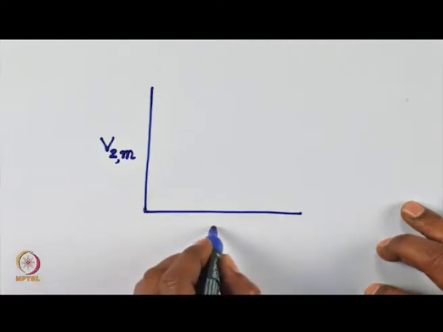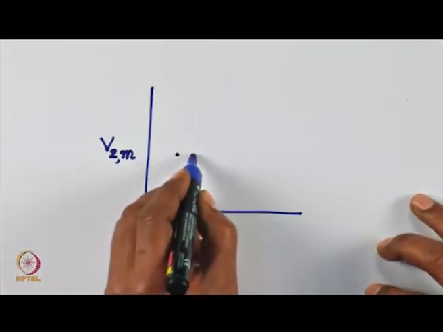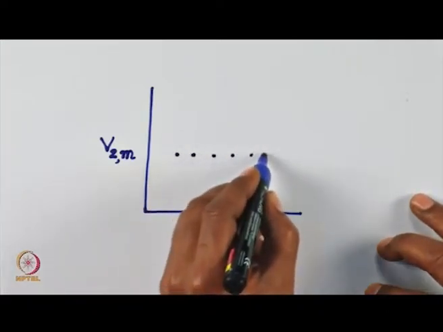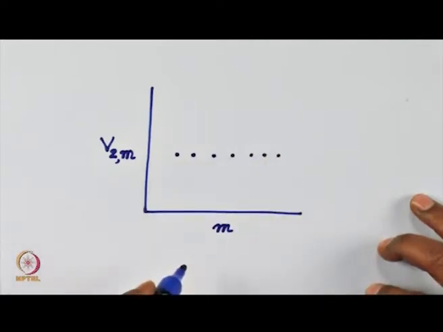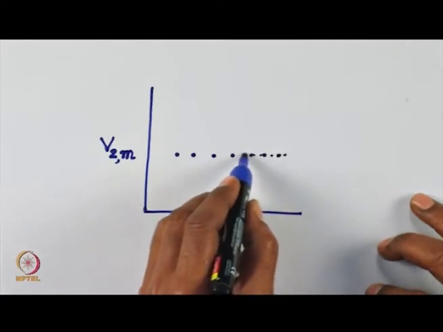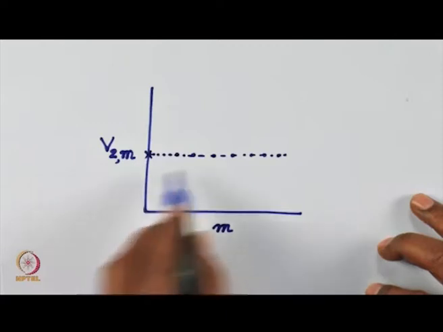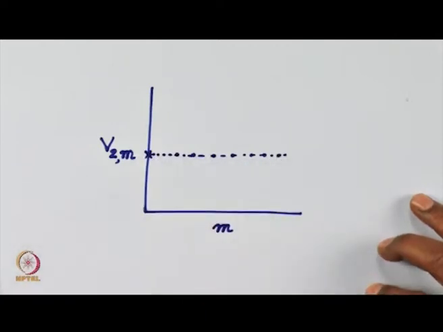If you plot against molality, there is a possibility that the variation can be like this. If the variation is like this, then the extrapolation to m equal to 0, which is infinite dilution, is going to be the average of all these values.